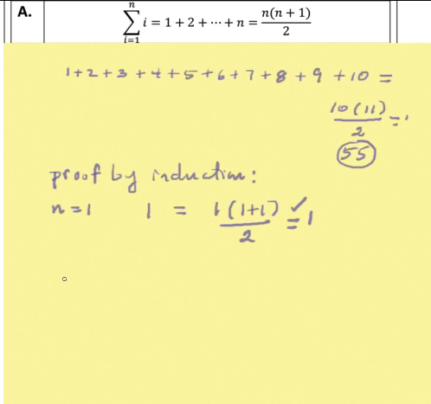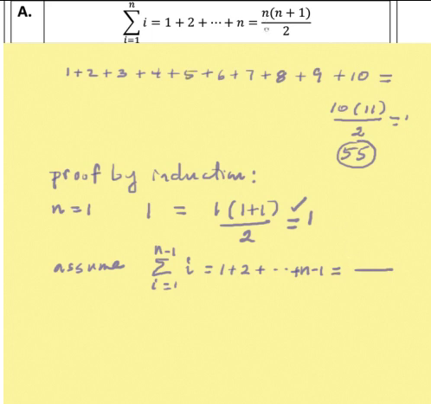And now let's assume that it's true for n minus 1. In other words, let's assume that the sum i equal 1 to n minus 1 of i, that would be 1 plus 2 all the way up to n minus 1, is equal to, and now in this formula, wherever you see n, put n minus 1.